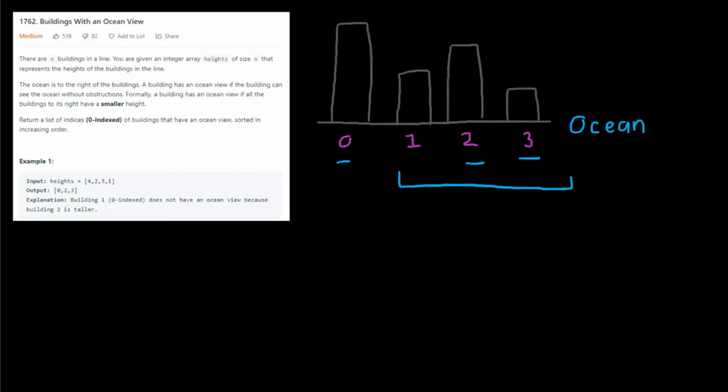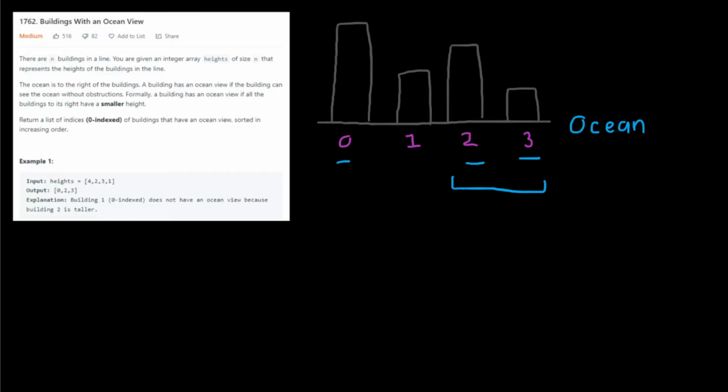And then we would move on to building 1, and we would check if it is the tallest building compared to all the buildings to its right. And we can see that it's not, so that's why we don't mark 1 as a building with an ocean view. But if we walk through this problem and code it out, we'll realize that it's actually an O of n squared solution.